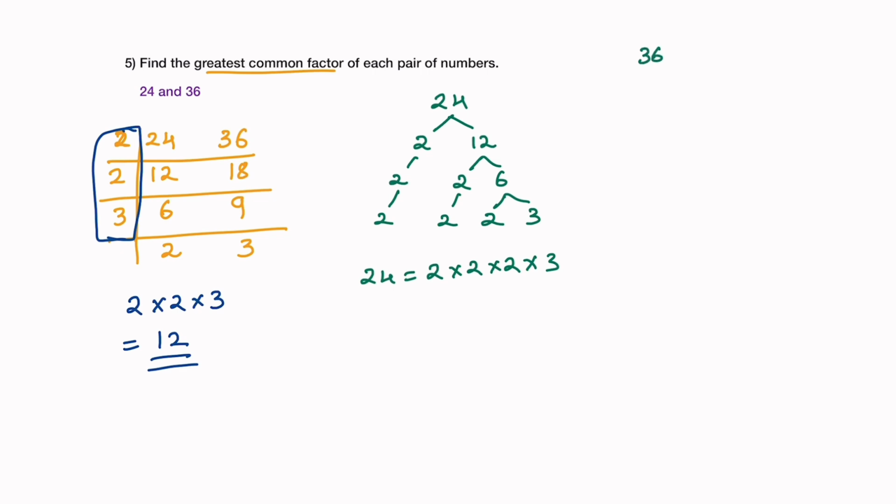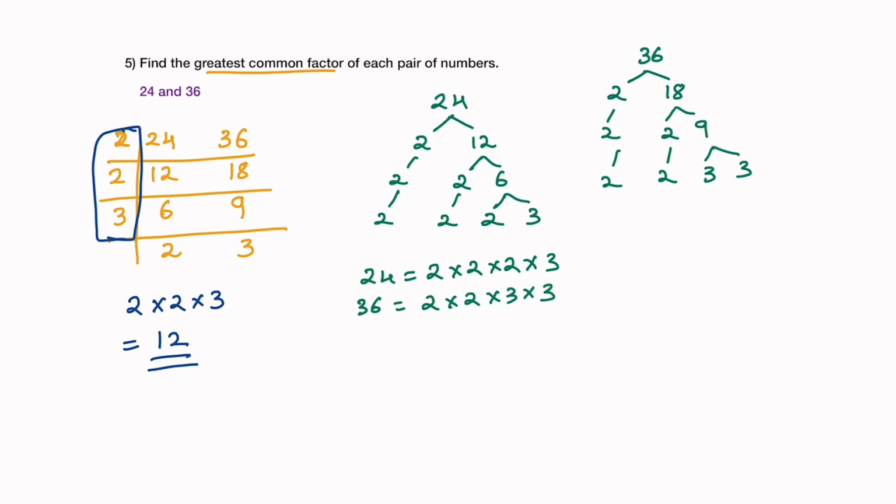So 36 is here. That's 2 times 18. That 2 comes down. That's 2 times 9. Again, this 2 is down, this 2 is down, and this one is 3 times 3. All prime factors. So 36 equals 2 times 2 times 3 times 3.